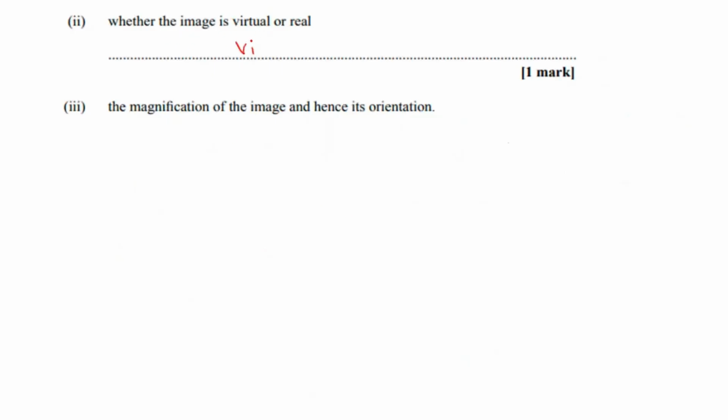In this case, it's a virtual image. And if they then ask you to calculate the magnification, magnification is equal to V upon U. Remember now, we can just go ahead and put the negative 36. And the negative just tells you that the image is a virtual image.